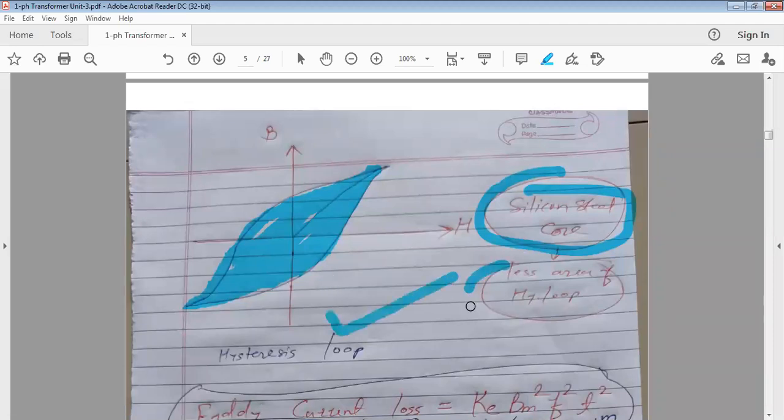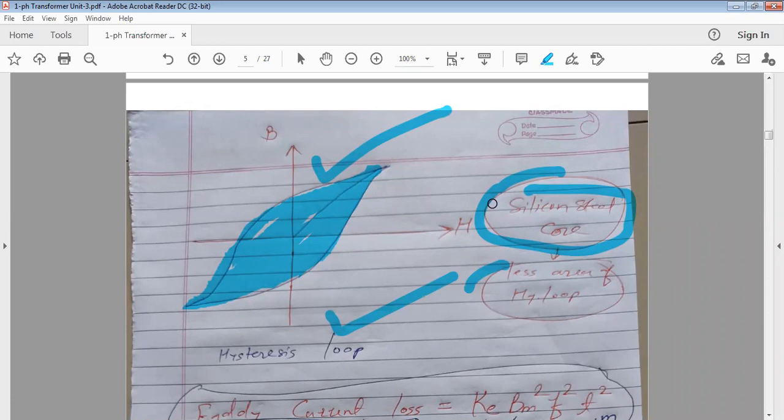That's why the transformer core is made up of silicon steel, because for silicon steel, the area you get for the hysteresis loop will be the least. It means less hysteresis loss takes place in silicon steel, and that's why the transformer core is made up of silicon steel.